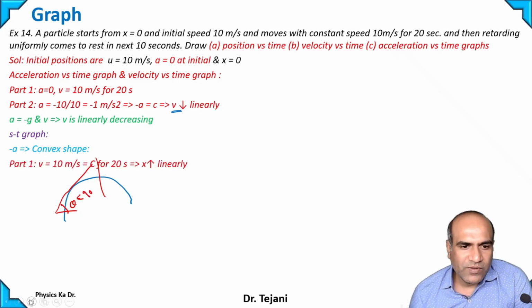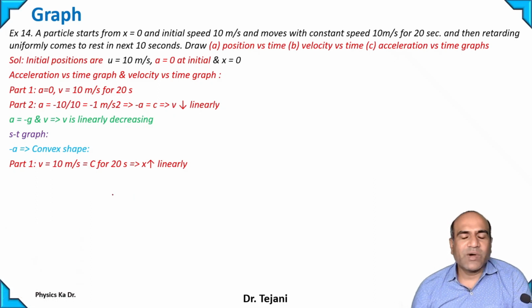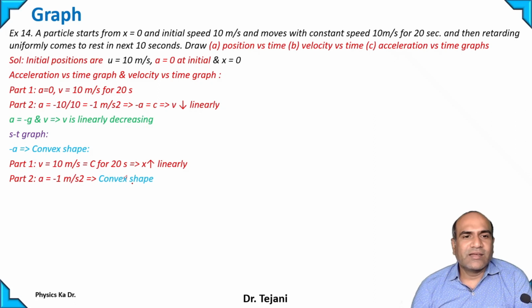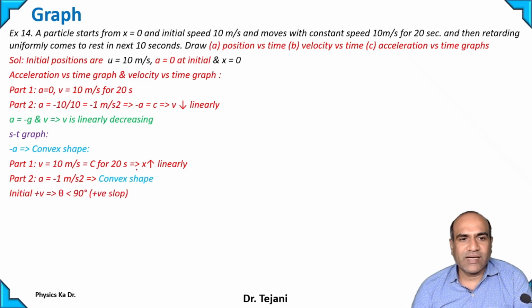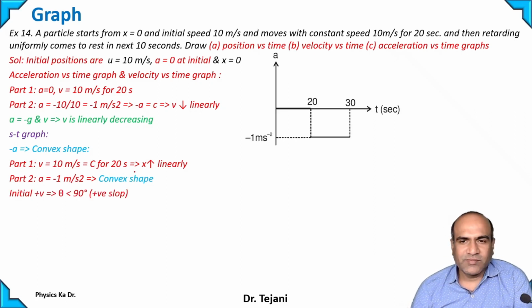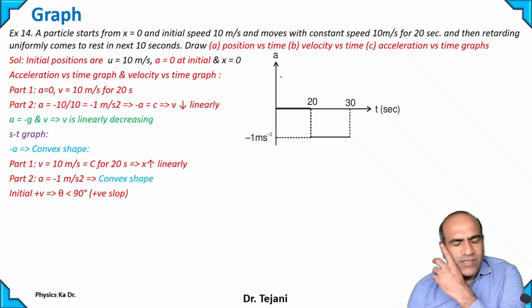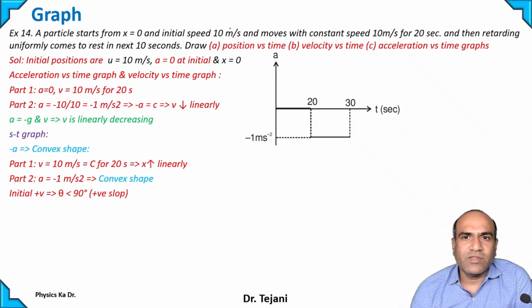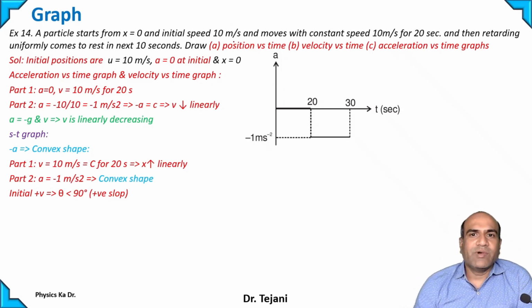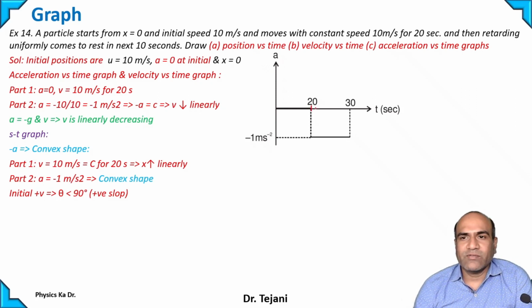So let's go. For part 1, v is 10 meter per second. Acceleration is minus 1 meter per second square, that we already know. Let's do acceleration first. For the initial time, acceleration was 0 up to 20 seconds.